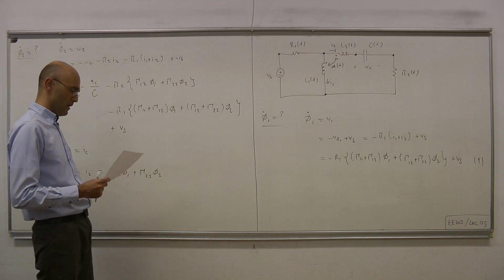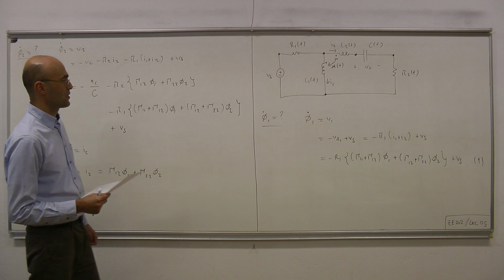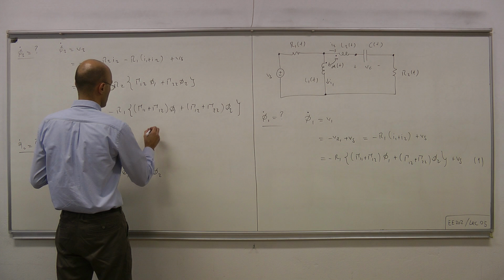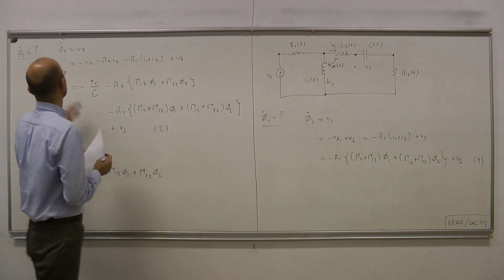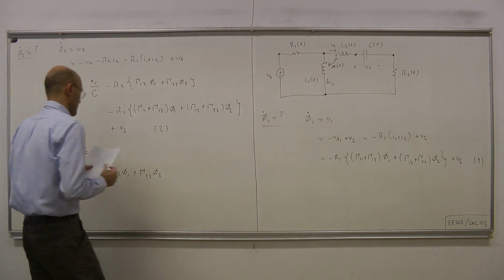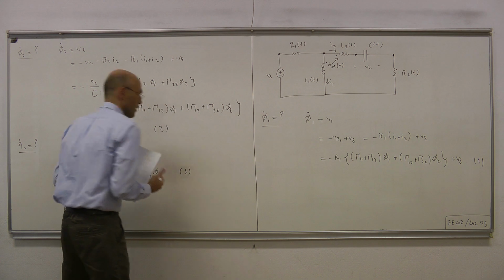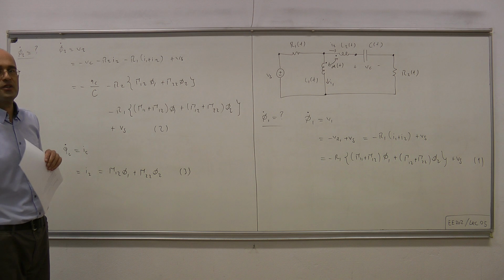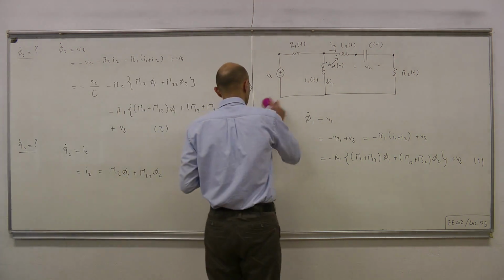our state variables. Okay, so we already called this equation 1. Let's call this equation 2, next to that equation, and finally, let's call this last equation 3. All that remains is to put these equations in matrix form. Let's do that.